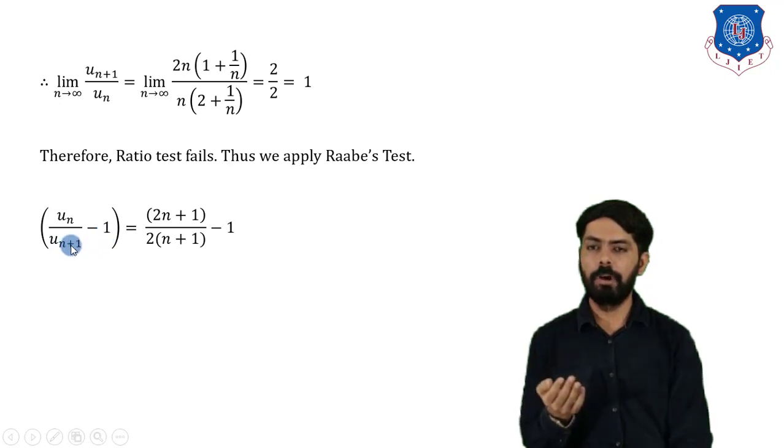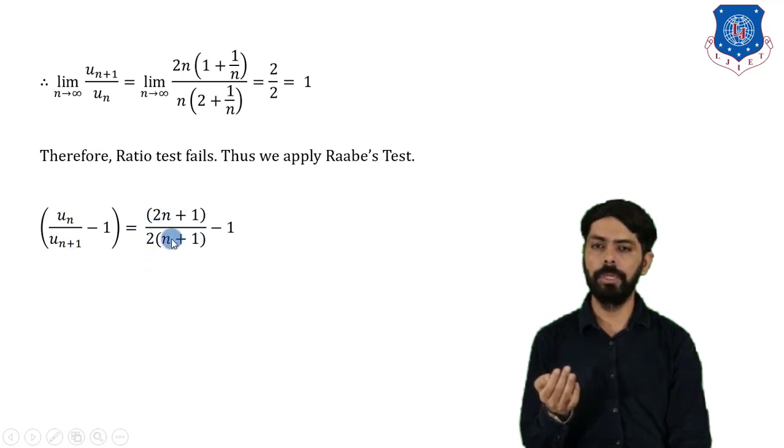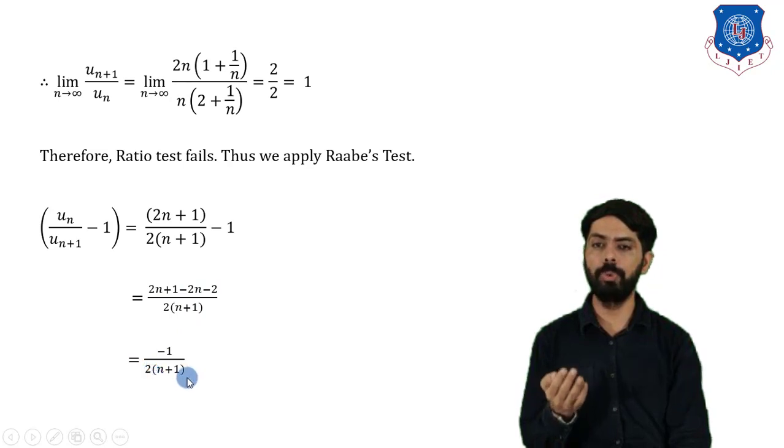Here we have already found u_(n+1) divided by u_n. Therefore, u_n divided by u_(n+1) will be (2n+1) divided by 2 into (n+1), minus 1. So if we simplify this, then here it will be (2n+1 minus 2n minus 2) whole divided by 2 into (n+1). So here 2n cancels out and here 1 minus 2, so it will be minus 1. So it will be minus 1 divided by 2 into (n+1).